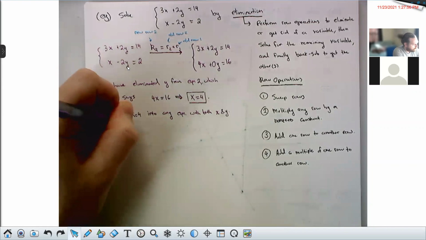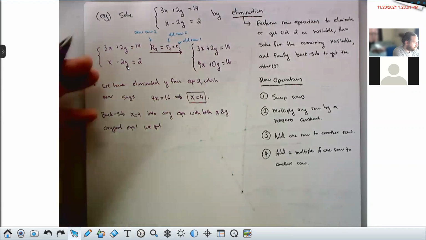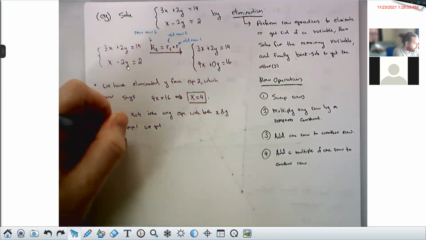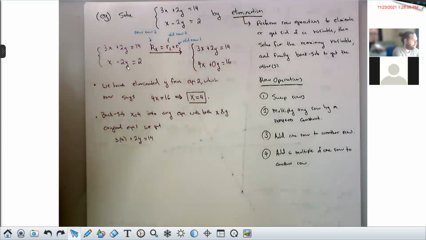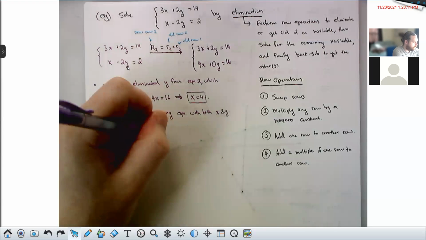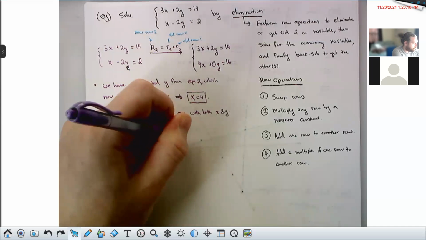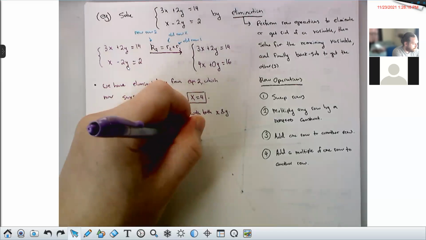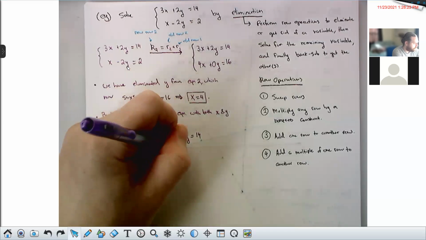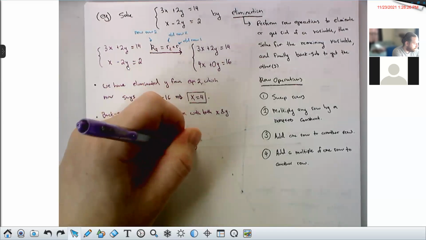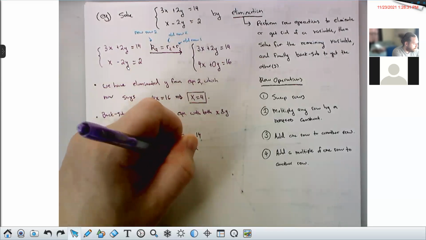If I go into the original equation 1, we get 3 times 4 plus 2y equals 14. 3 times 4 is 12. So this is 12 plus 2y equals 14. Subtracting 12, I get 2y equals 14 minus 12 is 2. Dividing both sides by 2, I get y equals 1.